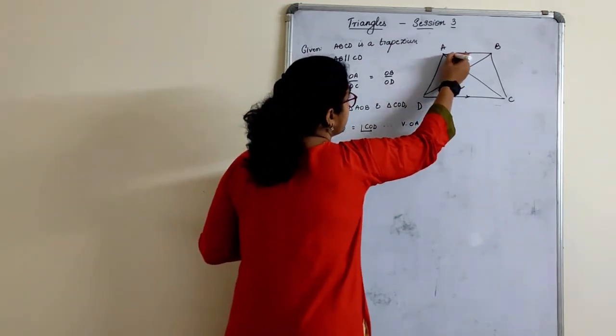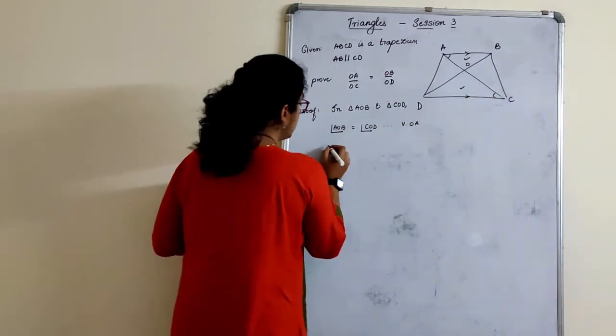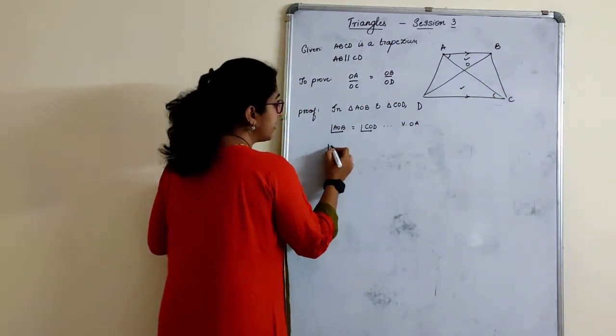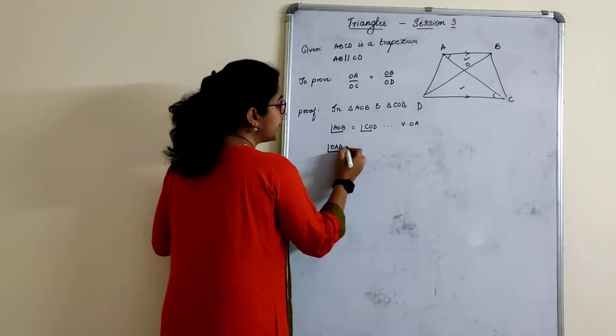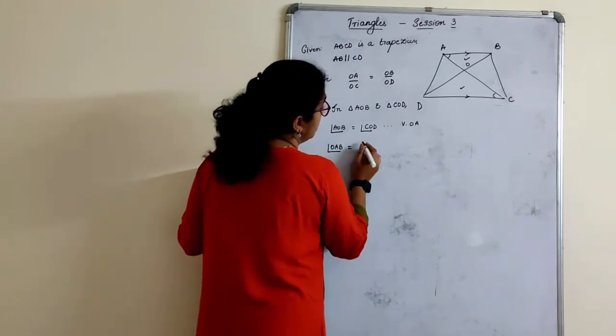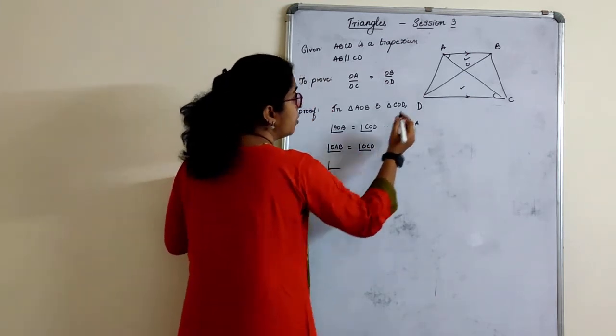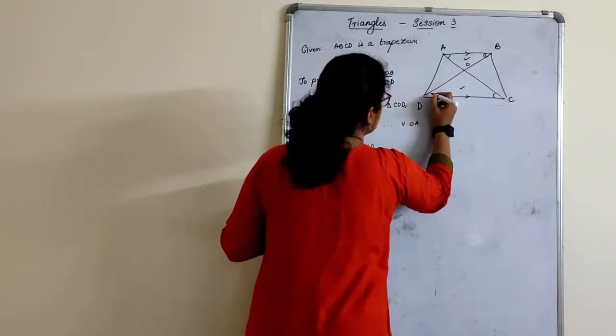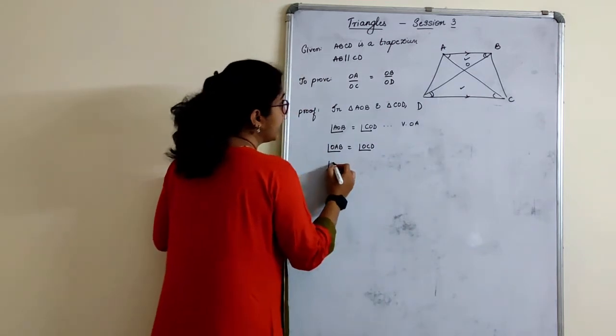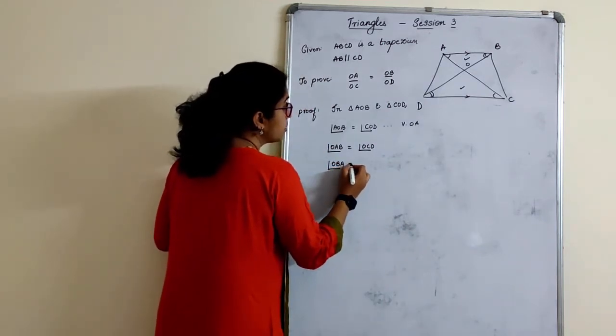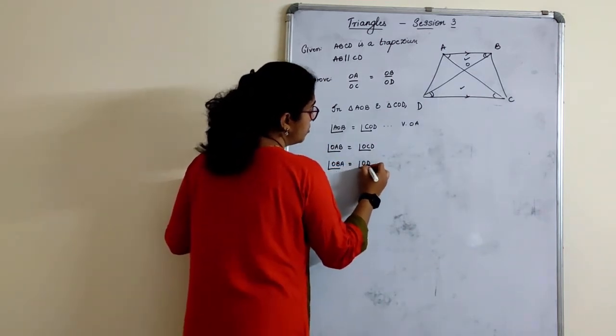Next, I will choose that this angle is equal to this. Do not write angle A, read the angle completely. Angle OAB is equal to angle OCD. Next, alternate angle pair. This is equal to this. Angle OBA is equal to angle ODC.